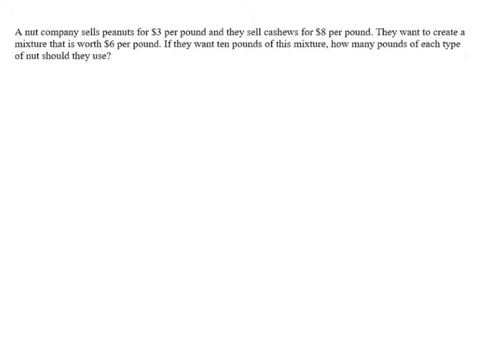Let's start off with our let statements. They ask us how many pounds of each type of nut should they use. So they're looking for the amount of each type. So let's let the amount of peanuts used be X, and then the second type is cashews.